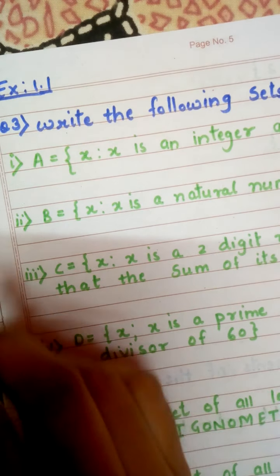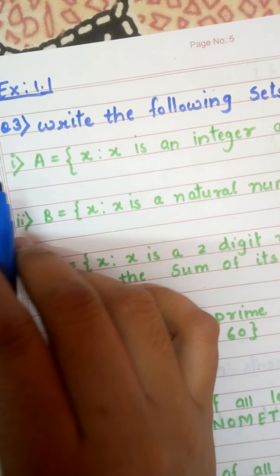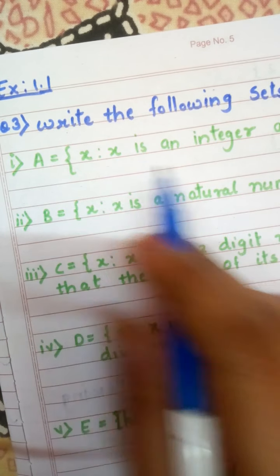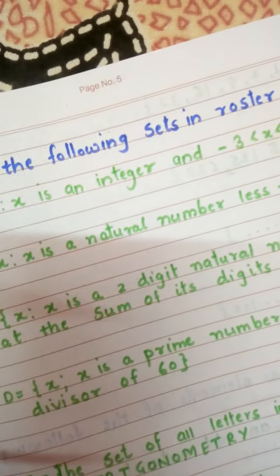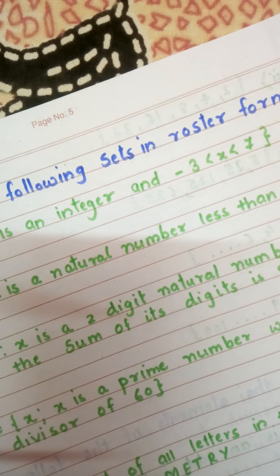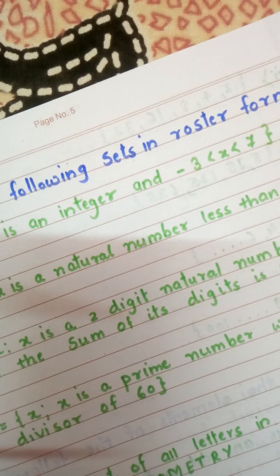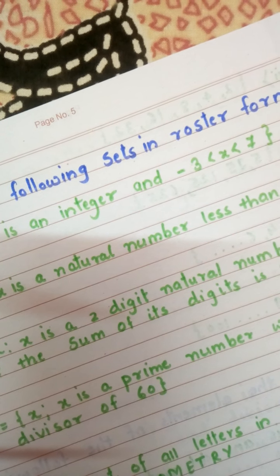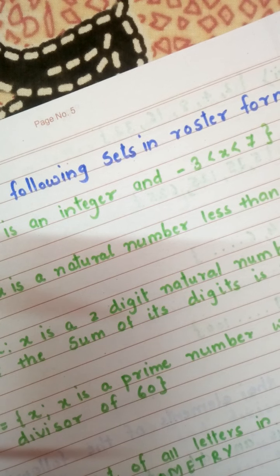Okay, so now here the first question says A equal to {x such that x is an integer and x is greater than -3 but less than 7}. Now here the property of x is given. From this property we have to list down the elements which x takes.